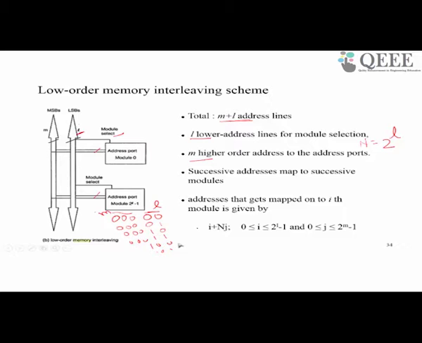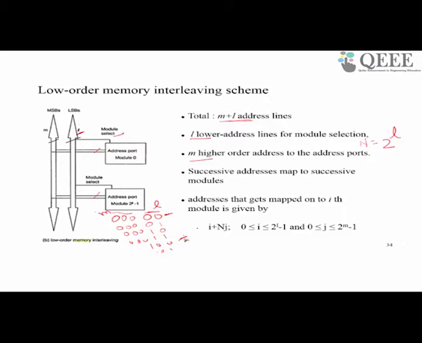If you use this for the purpose of selecting module 0, whenever you have a combination of 0 0 in the lower order 2 lines, module 0 will get selected, which means it happens for this address, then it happens for this address, then it will happen for an address 4 addresses after that, and so on.